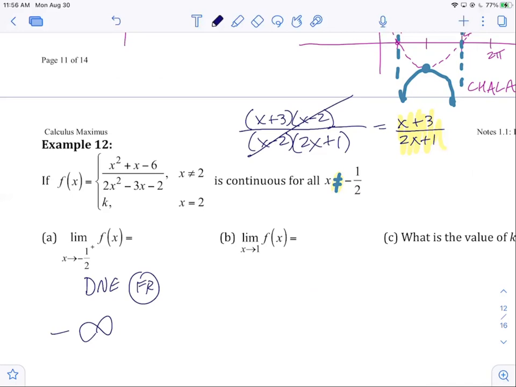What would be the limit as x goes to 1? Which piece do I use, top or bottom piece? Top piece, right? And how do I find that limit? Plug it in, right? Just to remind you, this function f of x has a non-removable vertical asymptote at negative 1/2.